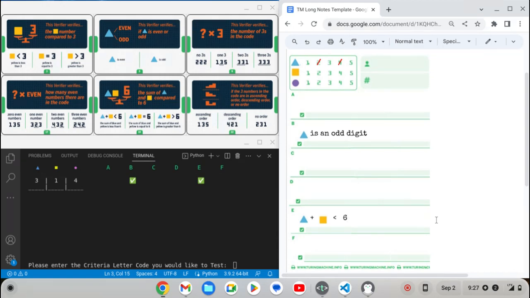And since the sum has to be less than 6, I think we can actually cross out both 5s for triangle and square. The reason is that if you add 5 to even the smallest of values of 1, that's already 6 or greater. So that means that it's not possible for either triangle or square to be 5.